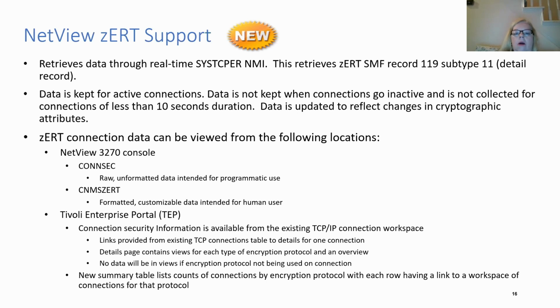And so on the TCP/IP connection workspace, which I'll show you parts of in just a second, we actually have a new window that shows the number of connections per encryption protocol. And from that workspace, you can drill down on a particular connection, or you can go from the summary that shows the totals and look at the details about the encryption protocol.